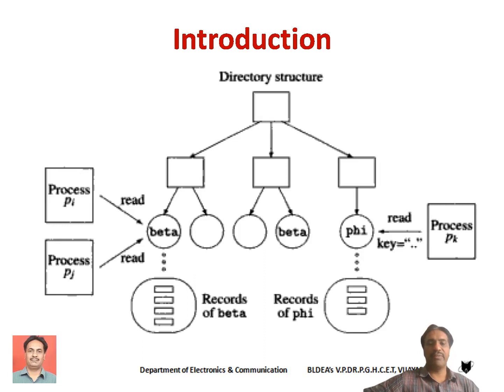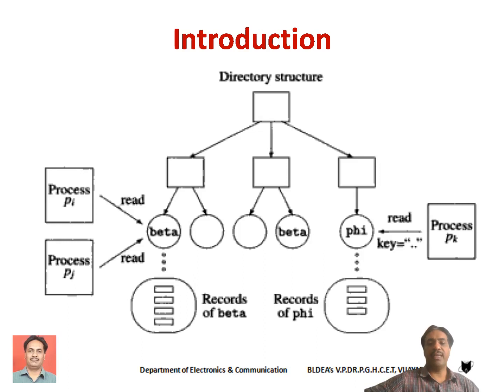Here, in the example, we have a root directory, which is like the main directory. It is something like C drive, D drive, and so on. Within this root directory, you can have any number of subdirectories, and within these subdirectories, it is possible to store any number of files.